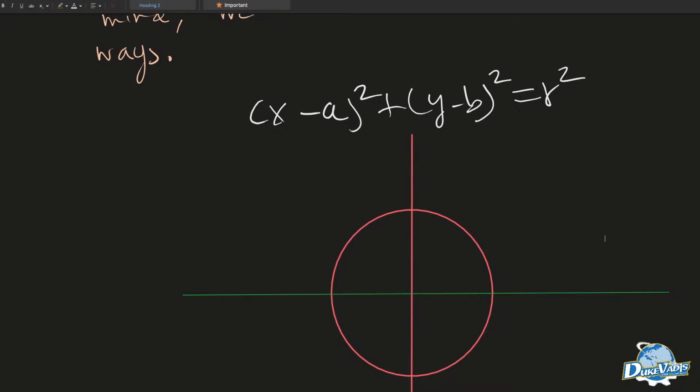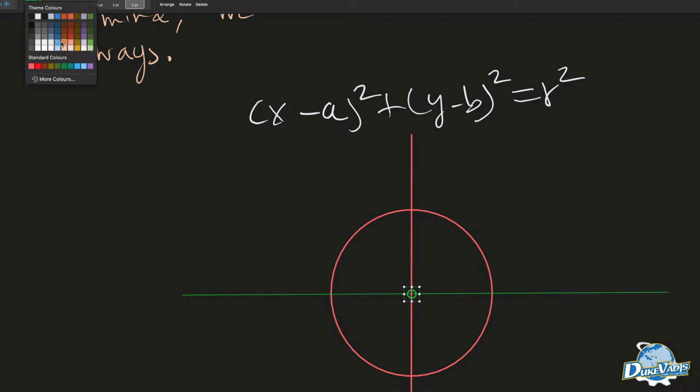Now if we have a radius, let's pick this one. This is the center of the circle, and this is a radius.